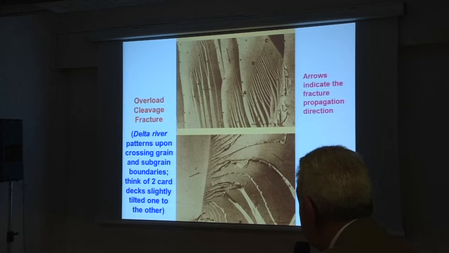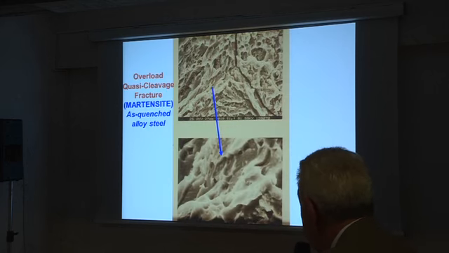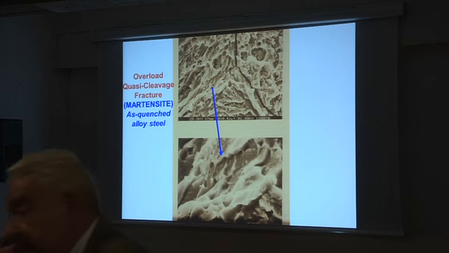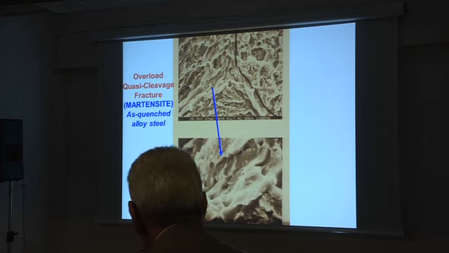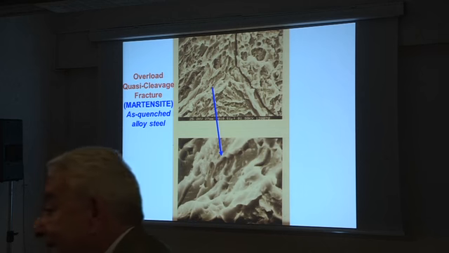If you compare this type of fracture with this type of fracture, just by looking, you imagine that the fracture is preceded by a much larger absorption of deformation energy, because this surface is not straight.